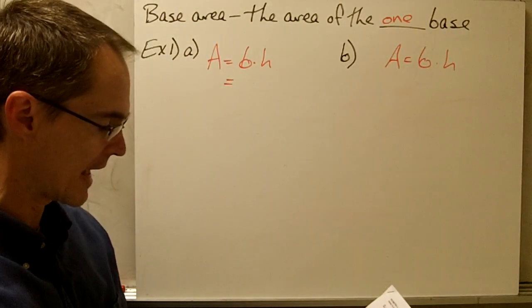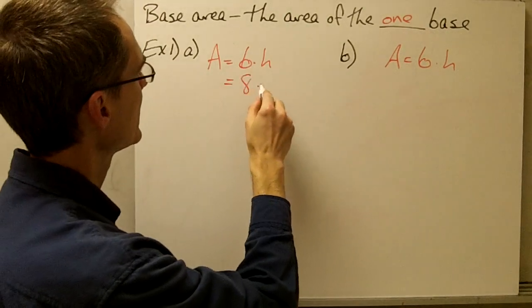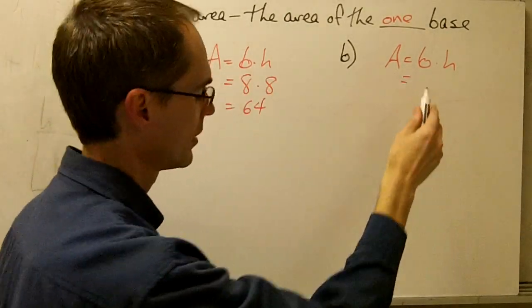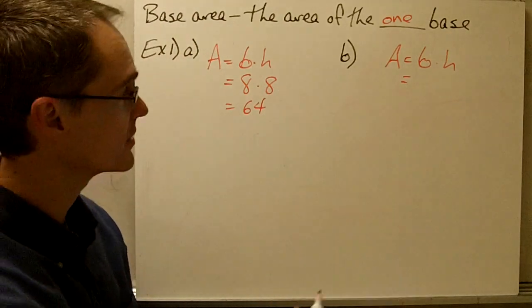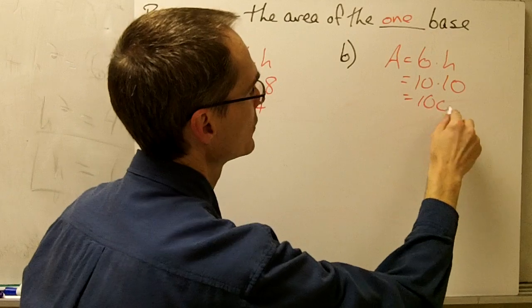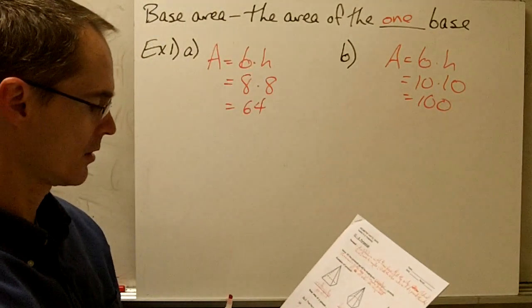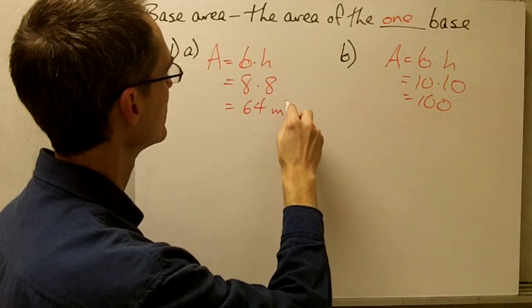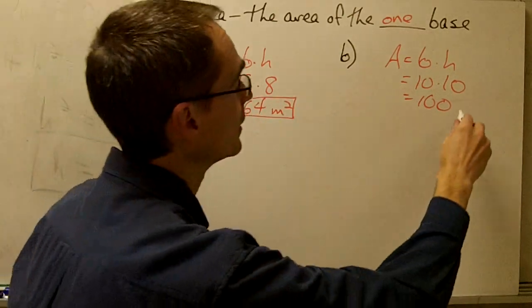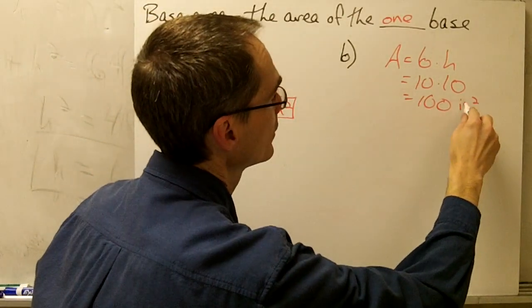So for example 1A, my base is 8, height 8, that's going to be 64. Example 1B, the area of my base is going to be 10 times 10, which is 100. And let's see my units here. 1A, that's in meters squared. 1B, that is in inches squared.